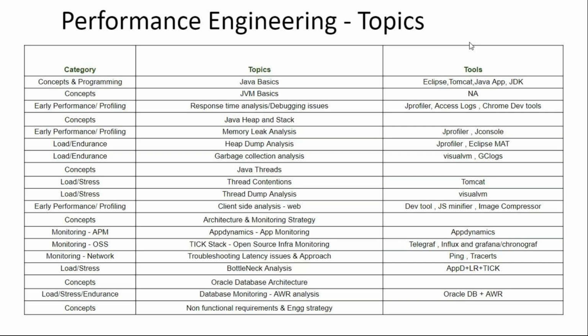Okay, so we'll learn AppDynamics, and also one of the very popular open source monitoring tools, Telegraf and Grafana. Okay, a combination of Telegraf, InfluxDB, and Chronograf or Grafana. We'll learn how to install and configure it, so that you don't need to rely on others to set up the monitoring.